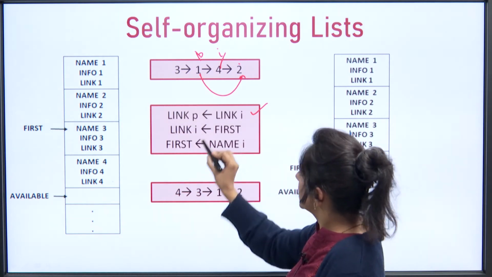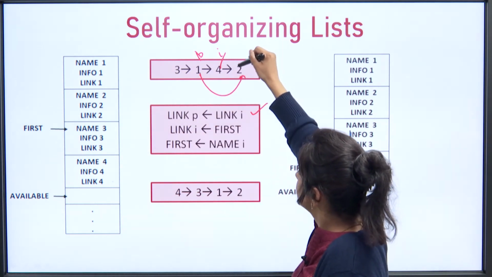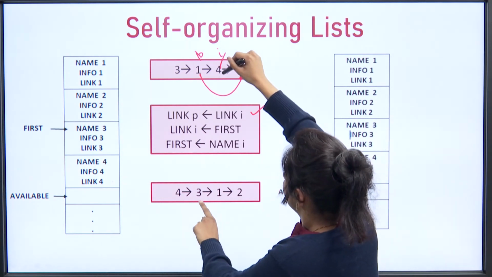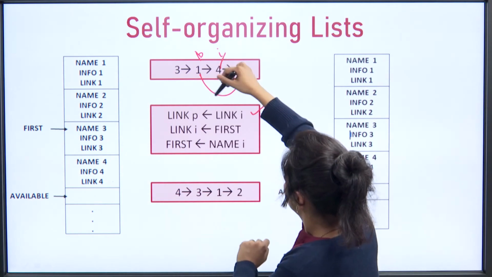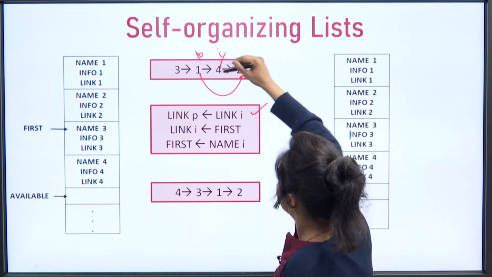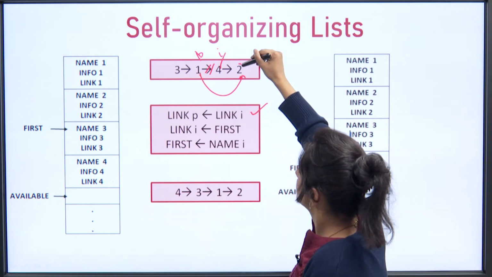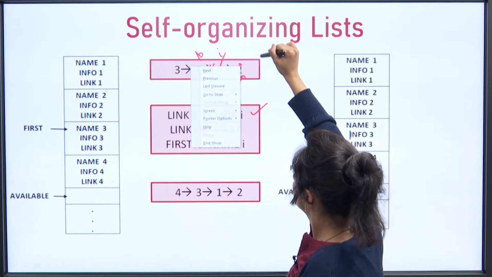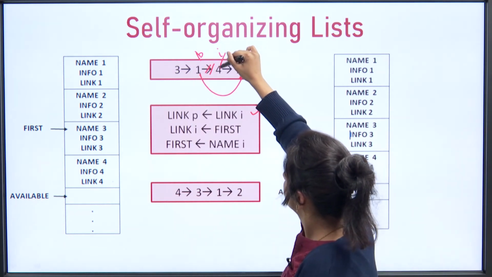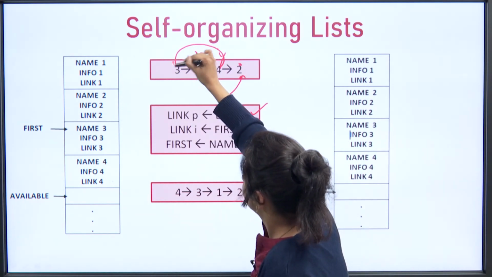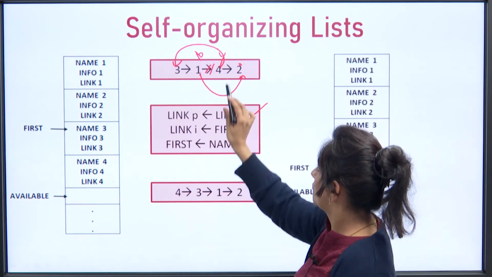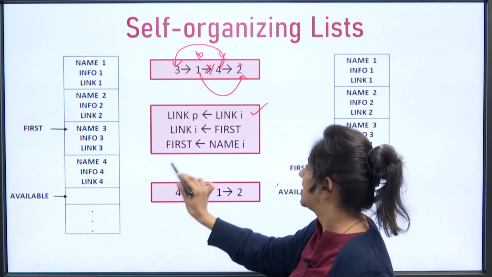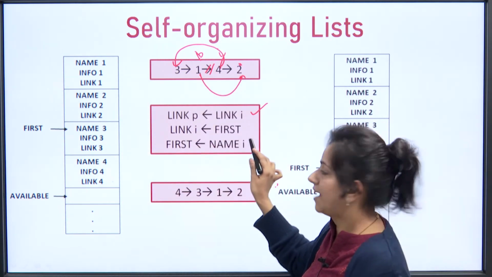Now 3 will be given to the link of I, this particular node. So this is 4 and then 4, 1, 2, and because we have updated this, the old one will be removed. So the pointer will now point from 4 to 3, it will be like this, right. This is I, and its link will point to first. Now first will be name of I, and what is name of I?